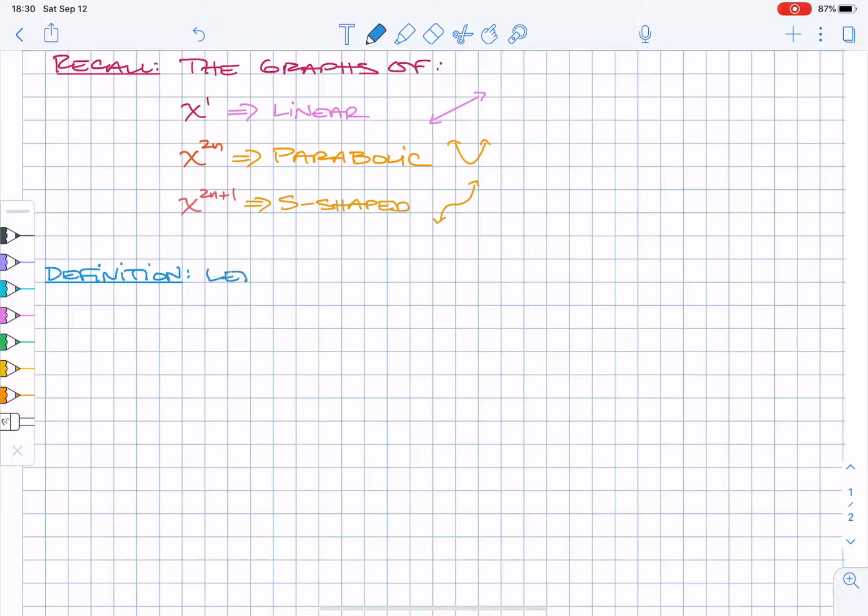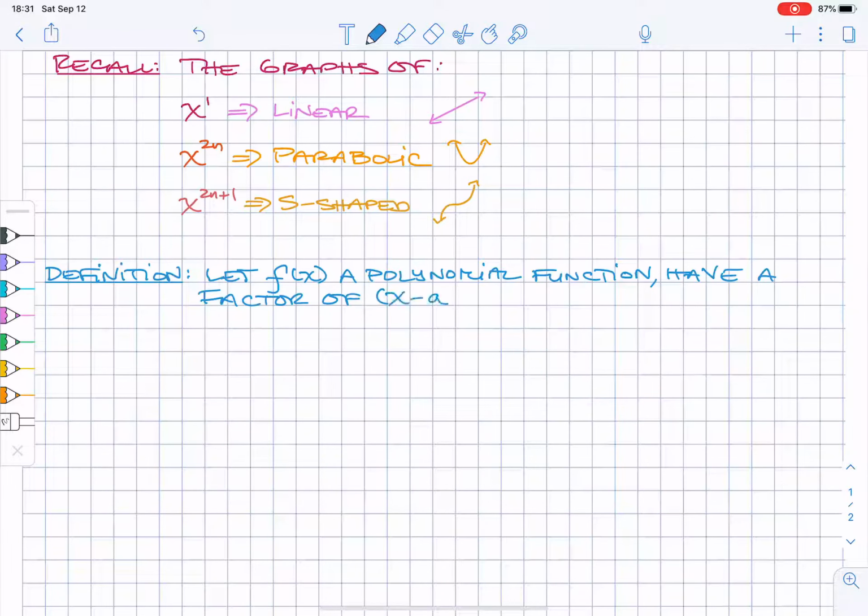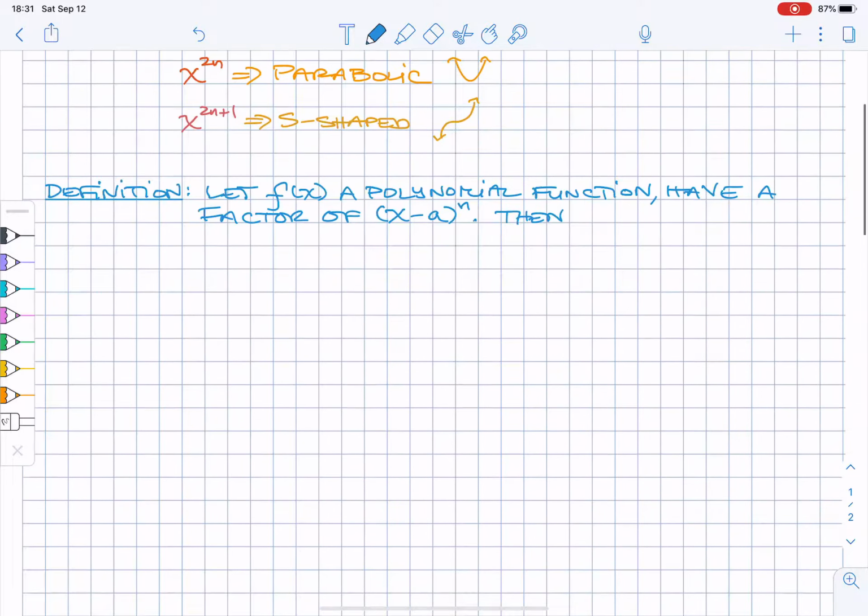So let f of x be a polynomial function have a factor of x minus a to the n. Then we have the following.